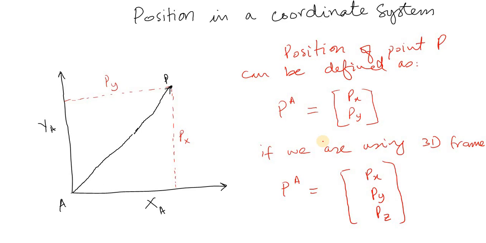So this is how we describe the position of any point or a vector or a rigid body in a planar or a three-dimensional space. Now let's see how we can describe the orientation of any point in the frame or in the coordinate system.